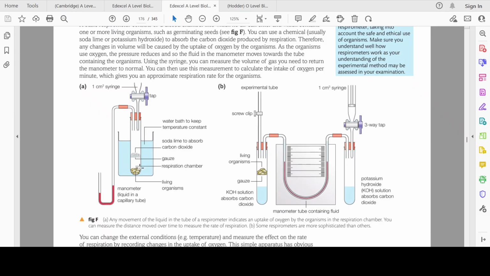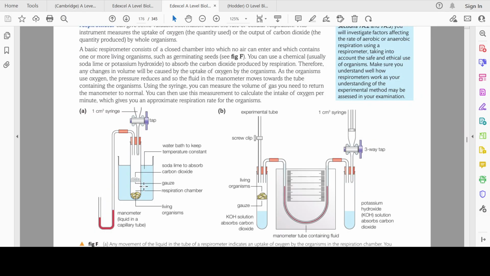There's air inside, so there's obviously oxygen as well, and the carbon dioxide that is released can be taken up by using soda lime or potassium hydroxide, and so that will absorb the carbon dioxide. And the good that will do is, if oxygen is taken in, carbon dioxide is released, the volumes are almost the same, and so we won't get to know how much oxygen was utilized.